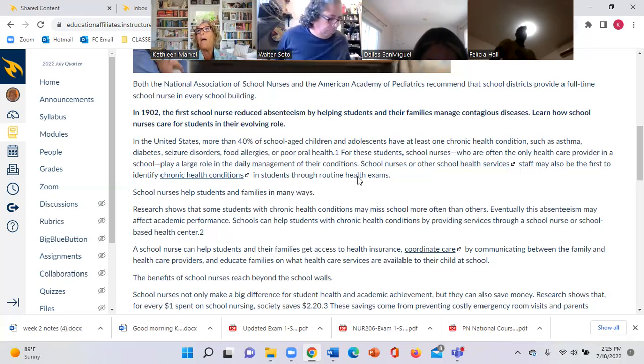Some of them have asthma that needs to be treated before they go to PE or go out to recess. We call that pre-treating so they don't get into trouble. A lot of kids take daily asthma medication in the morning before they come to school. So hopefully it holds them over and we're just using the inhaler as a rescue inhaler.